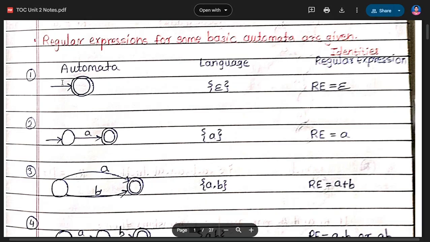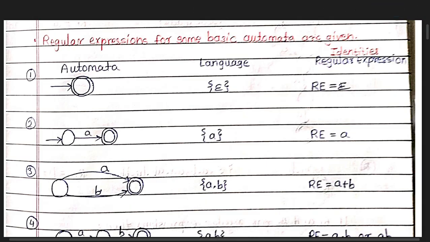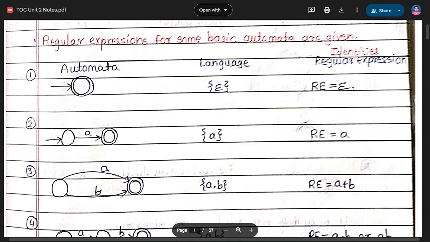So this is an automata, an empty automata, meaning it is both the initial and the final state. The language, when you see this, is epsilon, and in the regular expression we write only epsilon, meaning nothing.